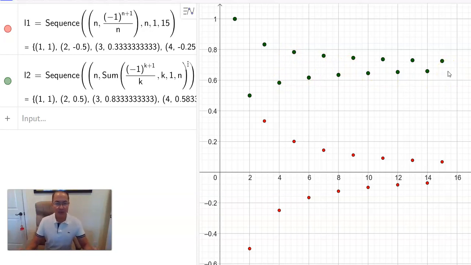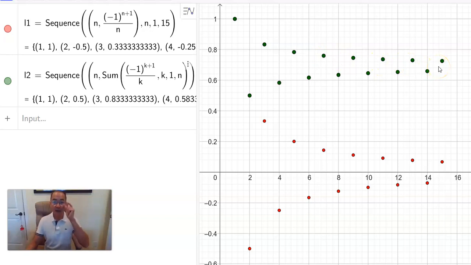Okay. So I hope you appreciate that these terms are all positive and these terms are all negative. They're like 2 kinds of partial sums. So we have for n equals 1, 3, 5, 7, 9, 11, 13, 15.